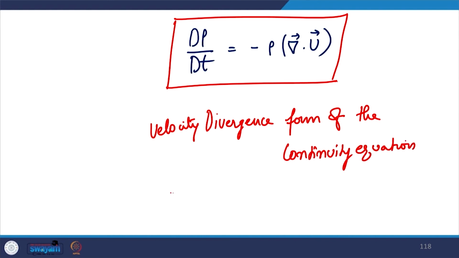Right. So, what we have learned in today's lecture is the need for a total derivative and the meaning of the advection term, and having seen that we have written the momentum equation using a total derivative. Basically, the total derivative is a process of accounting for the change while following the motion, right.